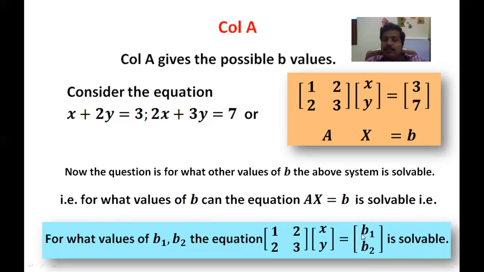In the equation, what can I put in the place of 3? Let it be B1, and this is B2. Is it solvable for every real number or not? Those questions will be answered by column space.